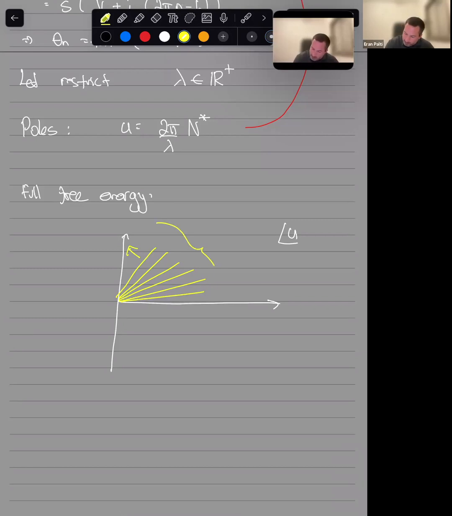So this will be all the theta n bigger than 0. And then also a sum over these integration lines here, an infinite number going all the way here, which will be all the theta n less than 0. And the poles are going to be sitting in the middle along the real axis.